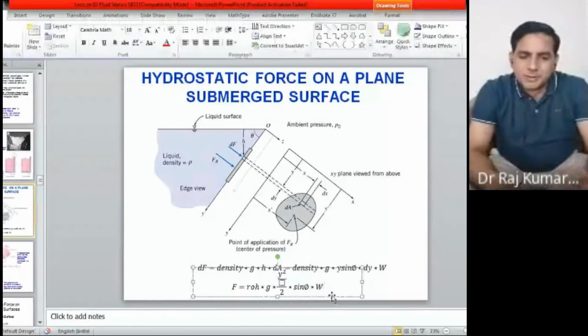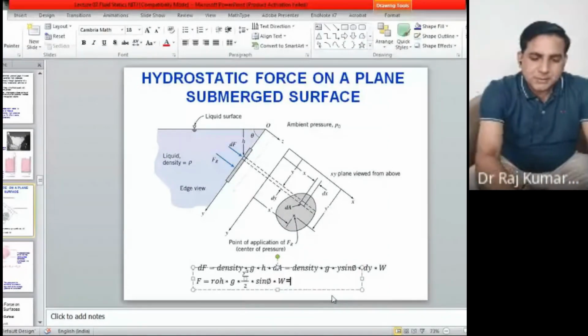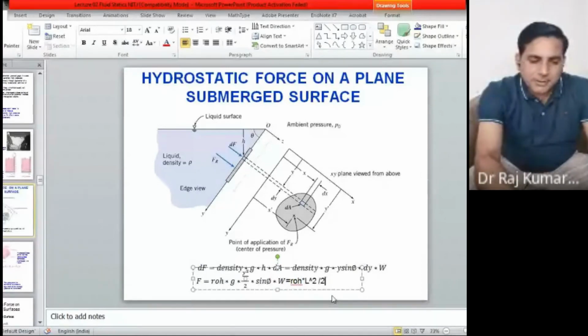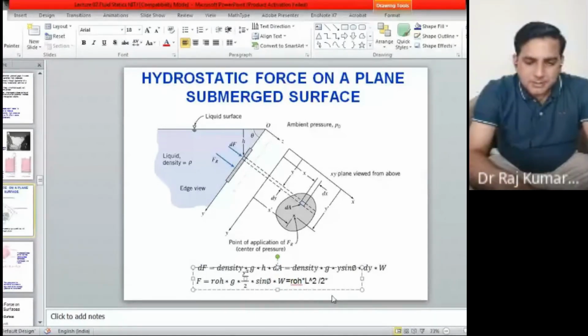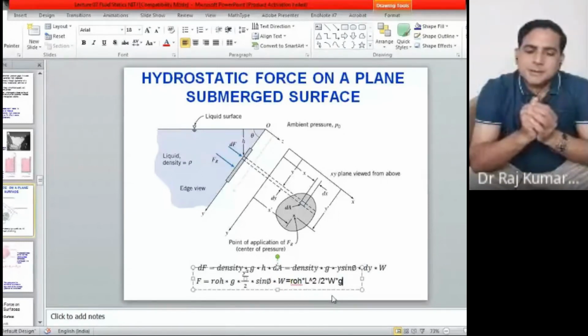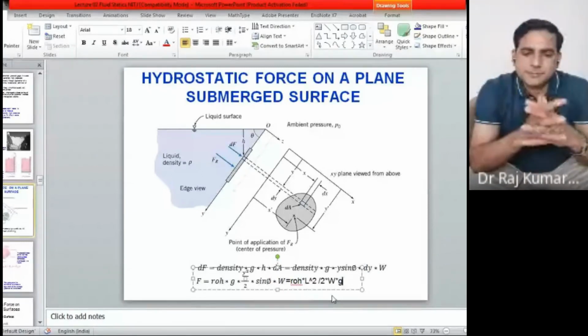So the final expression would come as rho into L square by 2, multiplied by W, multiplied by g. Is that fine? This would come or not?